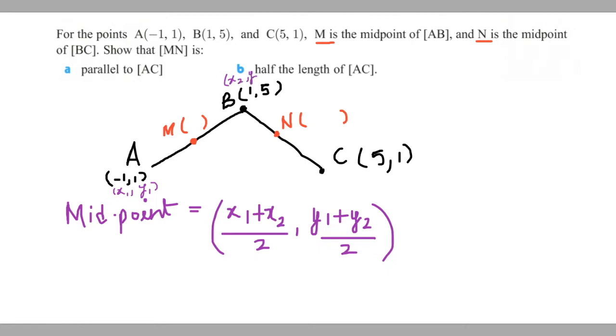Now I'm going to apply the midpoint formula here. So I'll get (x1 + x2) by 2, which will be (-1 + 1) by 2, then (1 + 5) by 2.